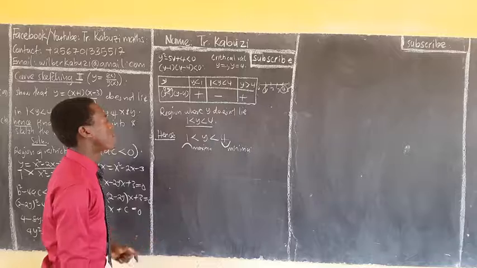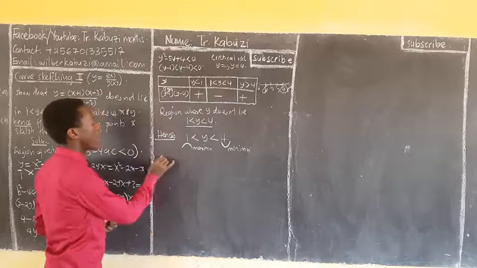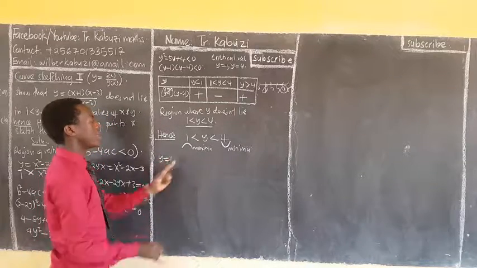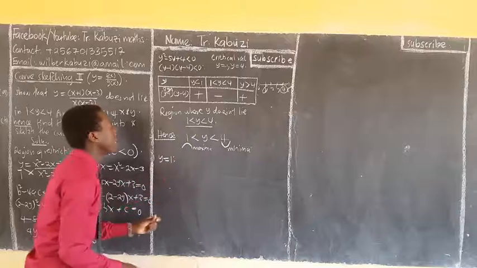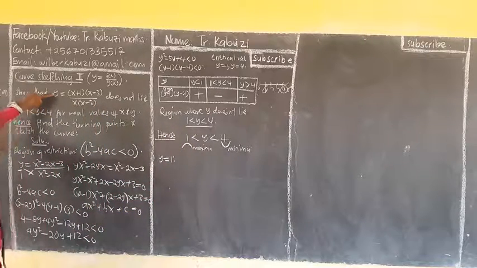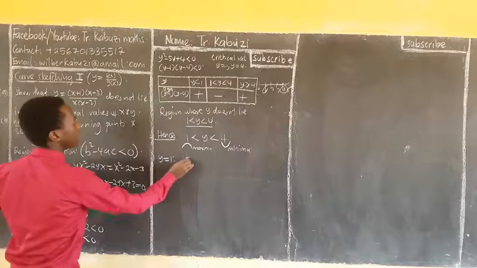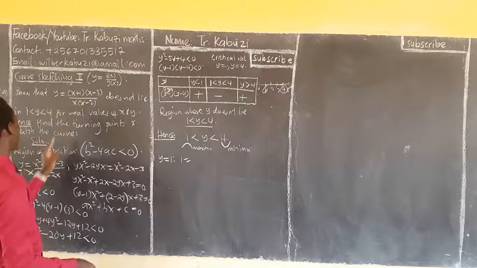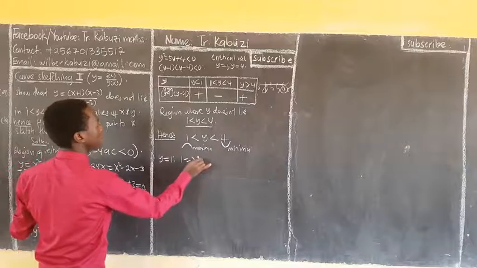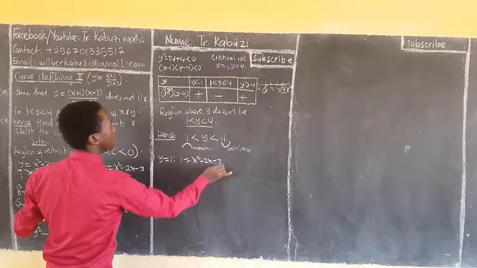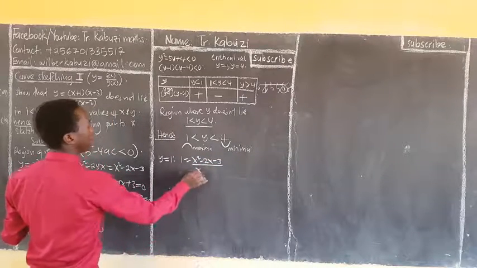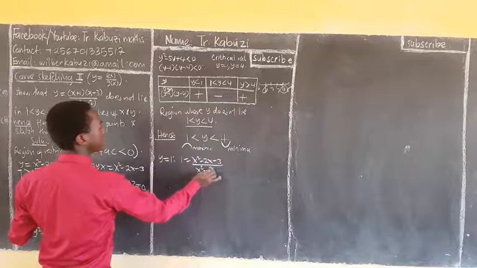These are values of y. To get the points, when y is equal to 1, I substitute my curve here. So my curve is here, which is 1 is equal to... when they expand this, we got over x squared minus 2x.